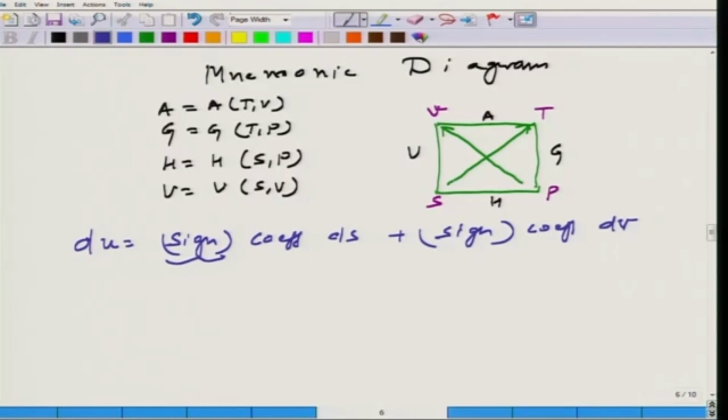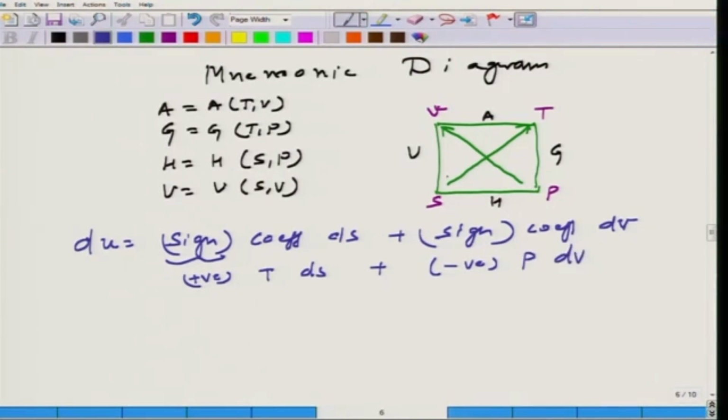If it is pointing away from S, then it's going to be positive, and the coefficient is where it is at, that is U, T. So this becomes positive T dS plus this sign, which we take for V, towards itself, so that is going to be negative, and the coefficient is of course P, diagonally opposite to V.